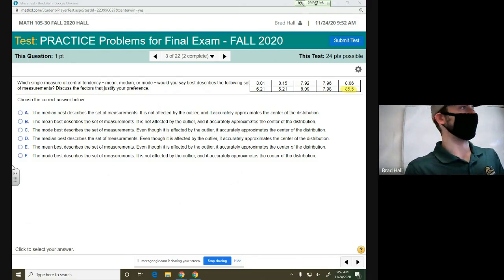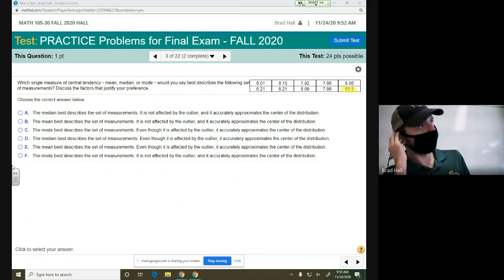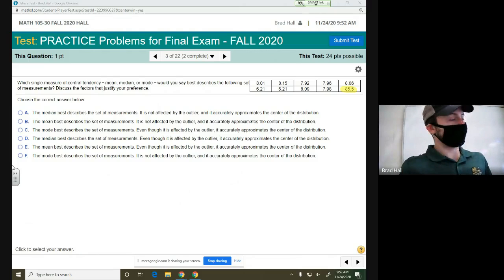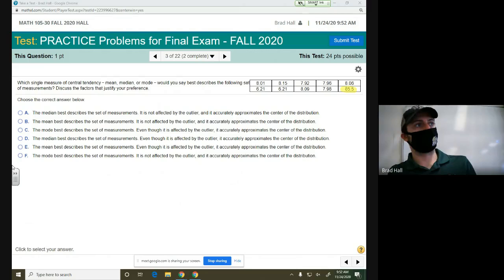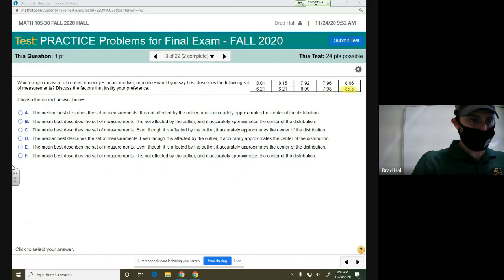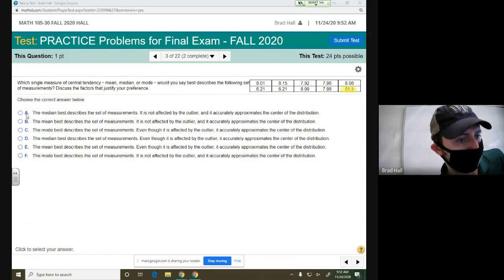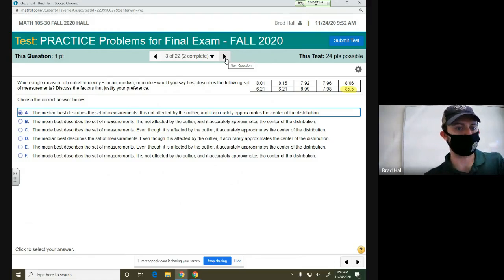If you have me for statistics next semester, you'll hear me say this again, but the median is a quantitative measurement, which means it only cares about the number of data points rather than the quality of the data points. So the median is not affected by the outlier.